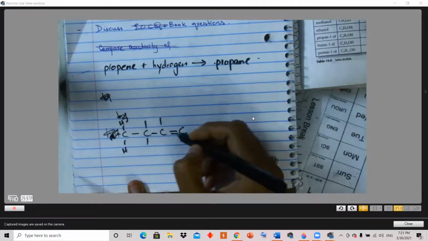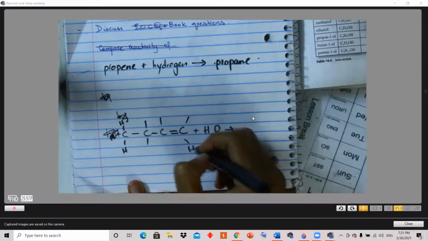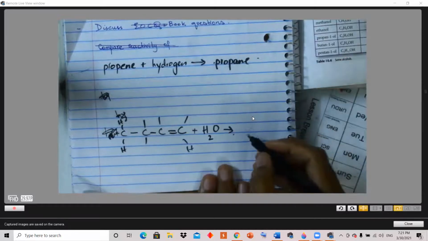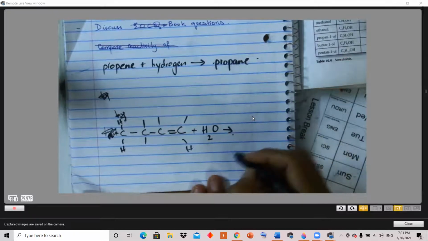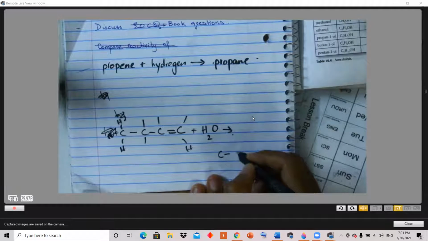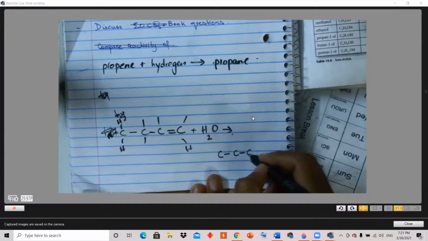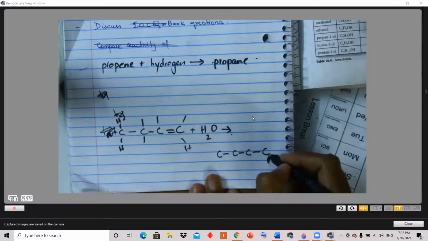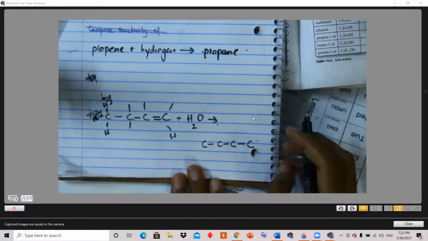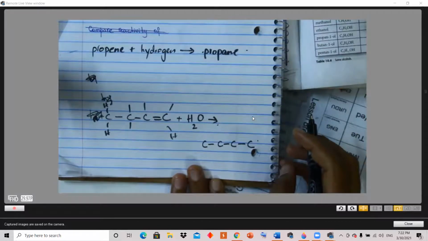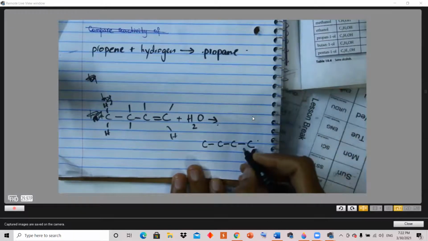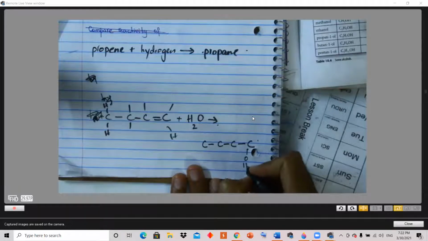1, 2, 3, 4. Just add them with hydrogen atoms and you will have butanol. On which carbon? Which carbon should I add? You can add on any of these two.